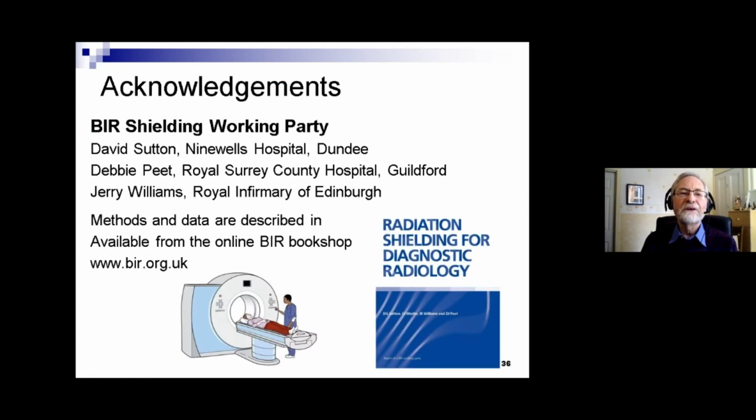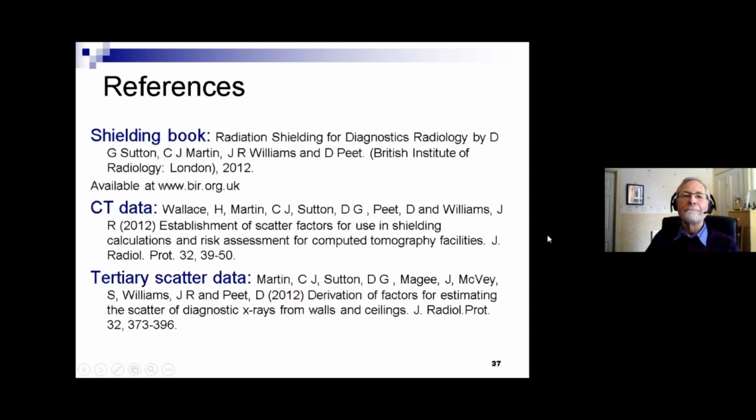So I acknowledge the other members of the shielding working party and give another plug for our book, which is now available free as an e-version from the BIR website. And also give you these other 2 references.